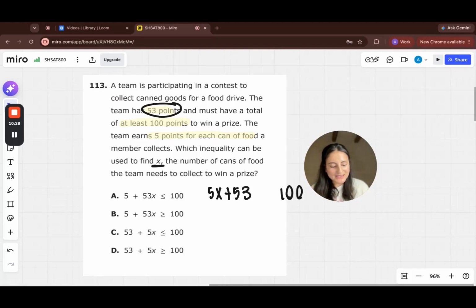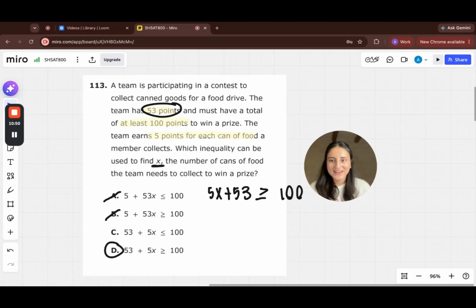So what this means is that 5x plus 53 must be greater than or equal to 100, because it has to be at least that amount. So that means our answer, if we look at it over here, is not these two. 53 plus 5x is, so it's going to be D.